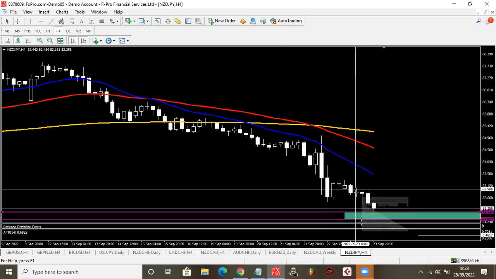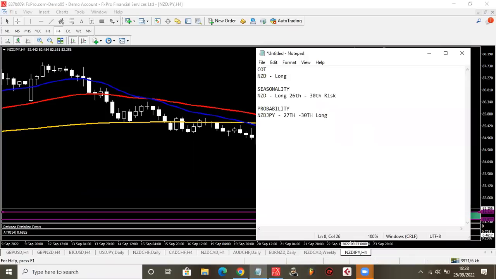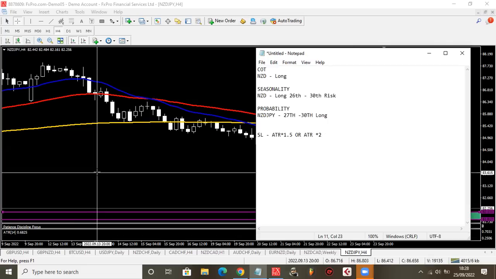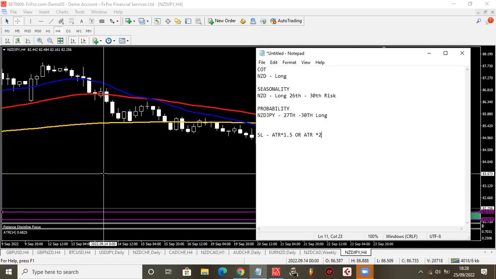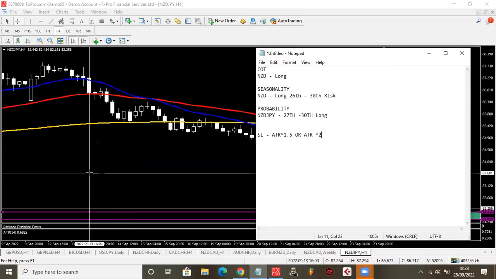Now, for stop loss, I normally say do whichever you feel more comfortable with: ATR times 1.5 or ATR times 2. In this scenario, for example, if we do ATR, which is 68, times 1.5, you have a 102 pip stop loss.